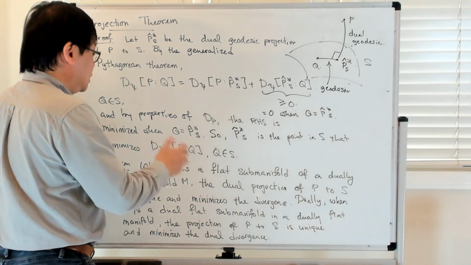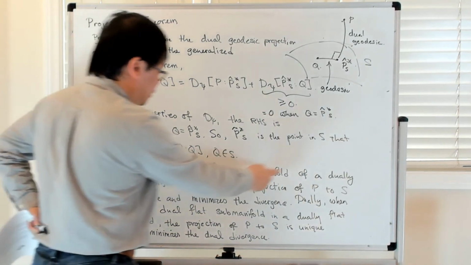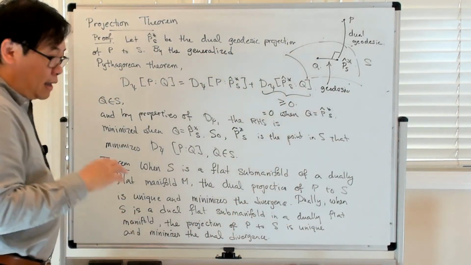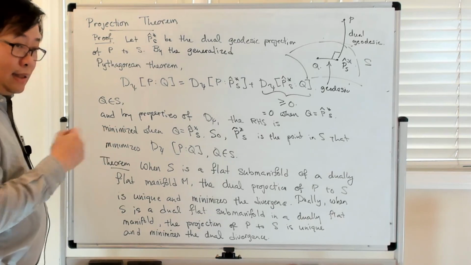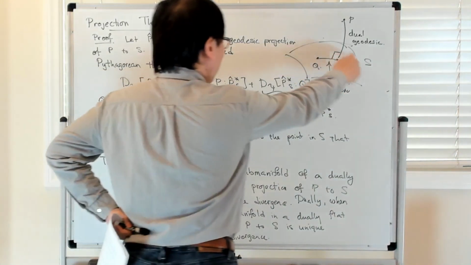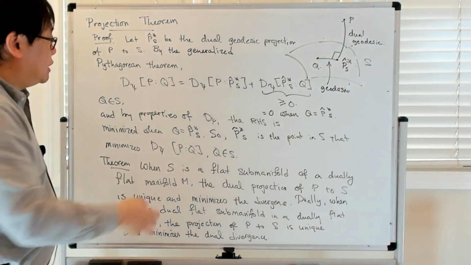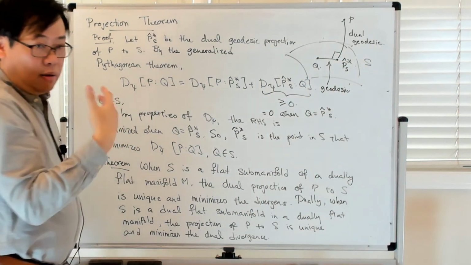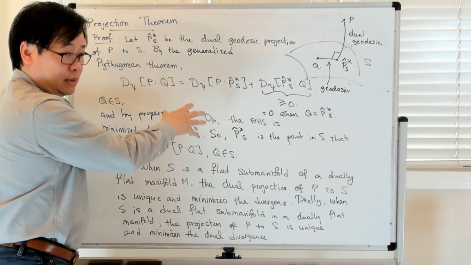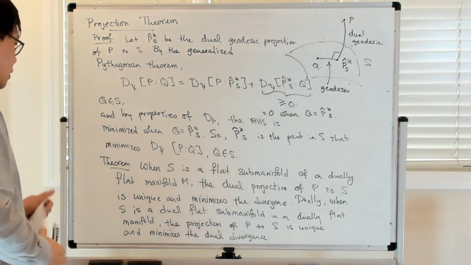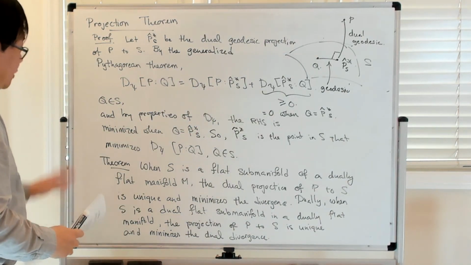So this additional property, that you have a flat submanifold, means that any point in S is geodesically connected to this candidate, and so the argument which we've made is then a global argument as opposed to a local argument, basically. Okay. All right. So anyway, let me just stop here for now.